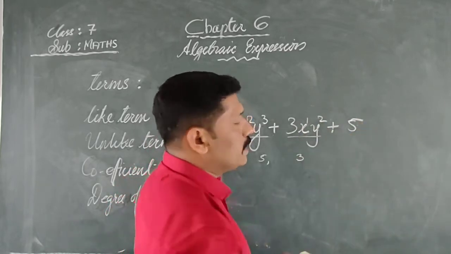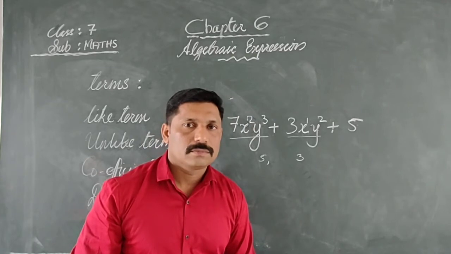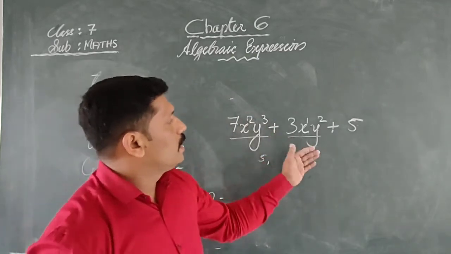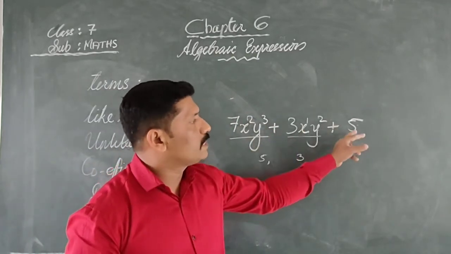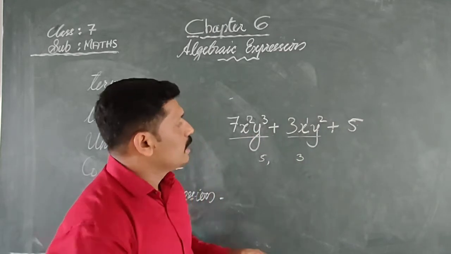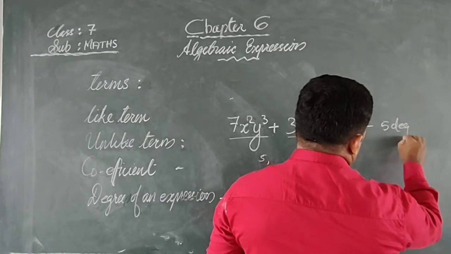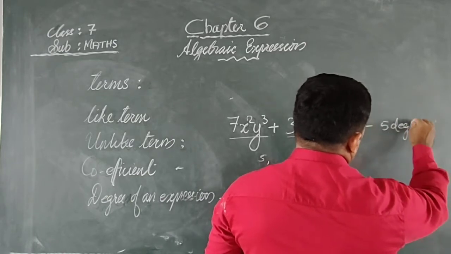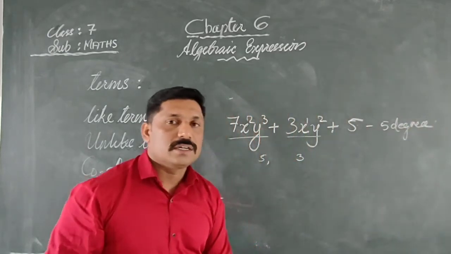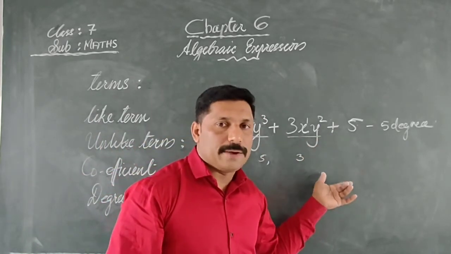And here the power is 0. That means the highest power of a term in this expression is 5. Therefore, this is called a 5-degree polynomial. The degree of this expression is 5.